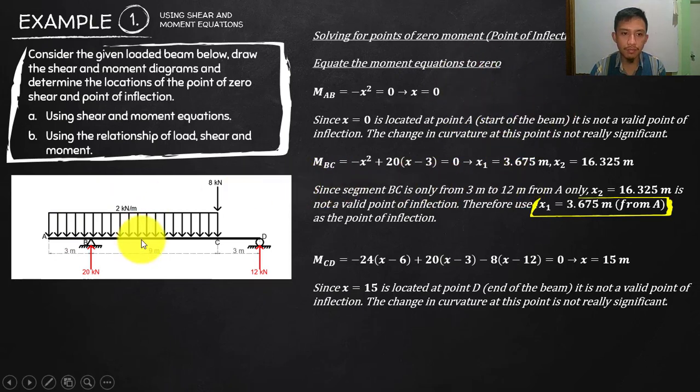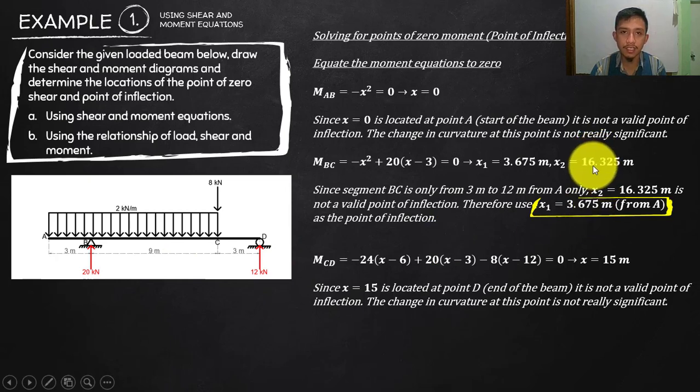Now, let's go to the BC. This is your equation. Equate that one to 0. You have here x squared, which means there are two values of x. You have 3.675 and then 16.325. But looking at x, which is 16.325, that is more than the distance since our beam is 9 plus 6, which is 15 meters.